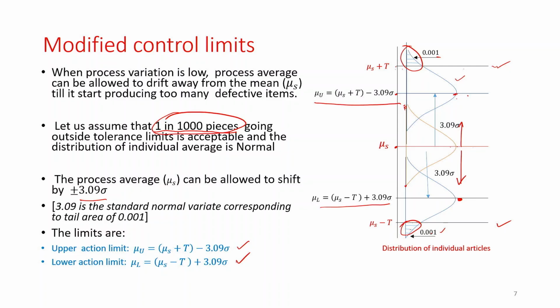So as long as the maximum, the process mean will be allowed to shift is going to be 3.09 sigma on the left hand side and right hand side. So the new limits are going to be mu u upper and mu l for the lower.